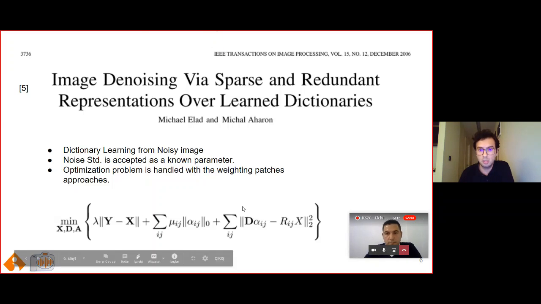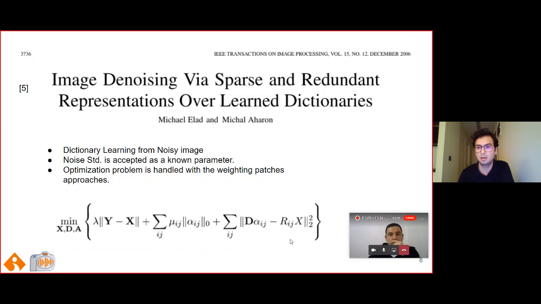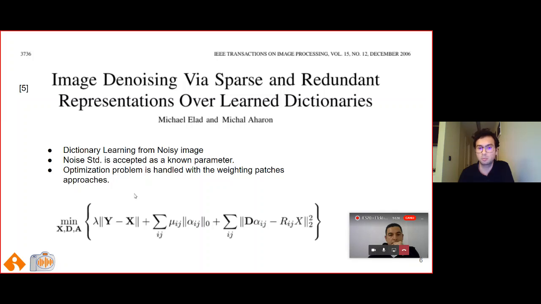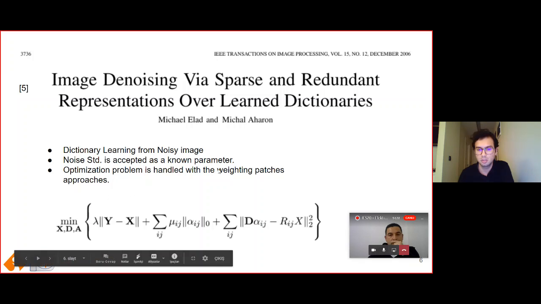If you see my mouse here, this part of the equation is representing the patch size. They are calculating the weights here from the patch approach, and they are creating a noise-free estimation of the patches by applying an optimization problem here.